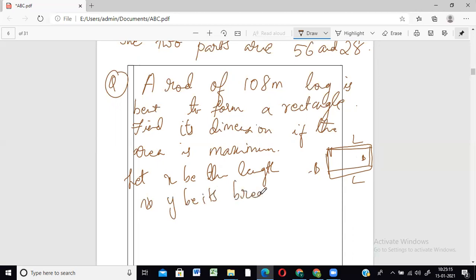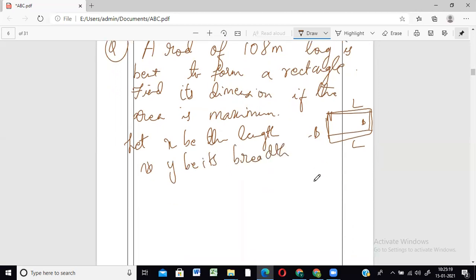Okay, now what do you know about this? See, that rod of 108 meters, usko bend kiya hai exactly in this shape so that it forms a rectangle. Correct, rectangle banaya hai usko. So that 108 is applied equally across these four sides.